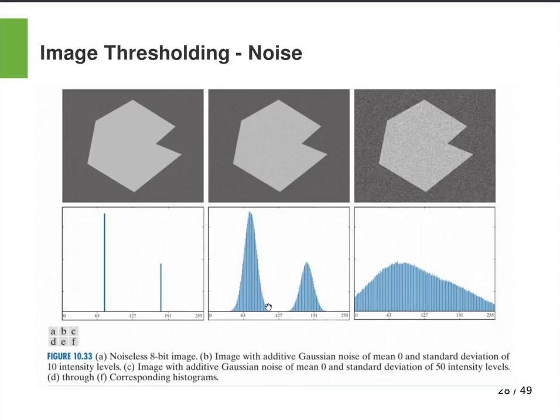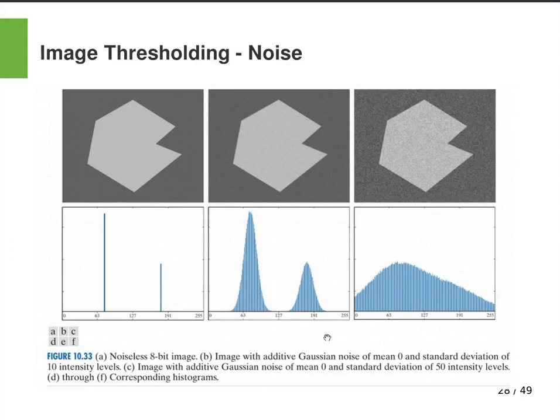But even then, the two peaks are still distinct, and you are able to use the same threshold 127 as before to classify or segment the original image into two sets of pixels, each having similar intensities.